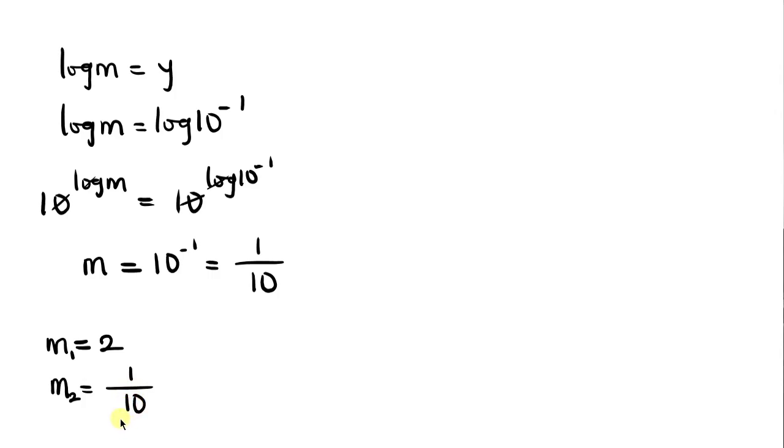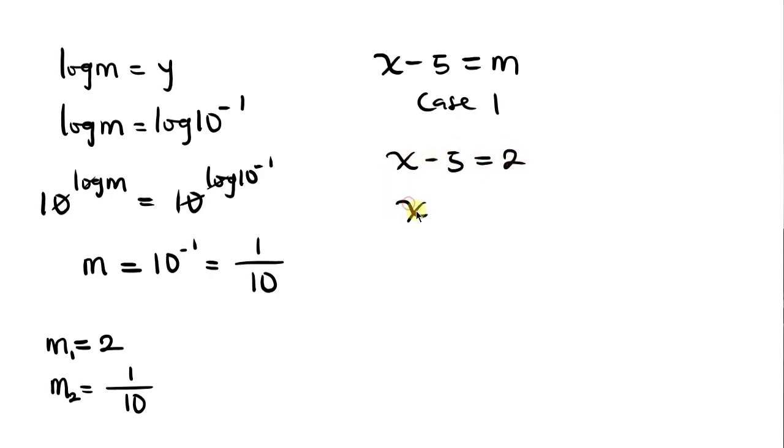But the question requires us to look for x. Remember that we said x minus 5 is equal to m. Now, going with the first case, case 1, that's when m is equal to 2. So x minus 5 is equal to 2. To get the value of x, we move negative 5 to the right hand side so that we have 2.